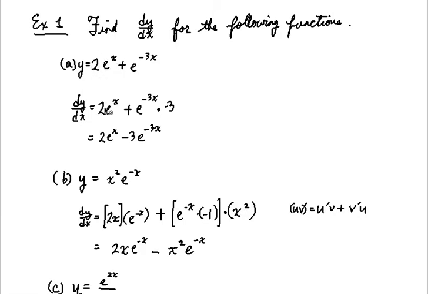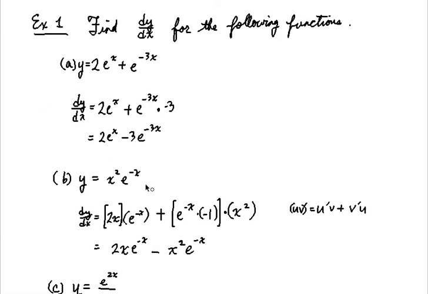So I end up with 2 times e to the x, since the derivative of e to the x is e to the x, plus e to the minus 3x. So this part stays the same when I go down. Then I do the chain rule, so times the derivative of the f of x, the mini f of x here, which is minus 3. And then I simplify and I get this expression.